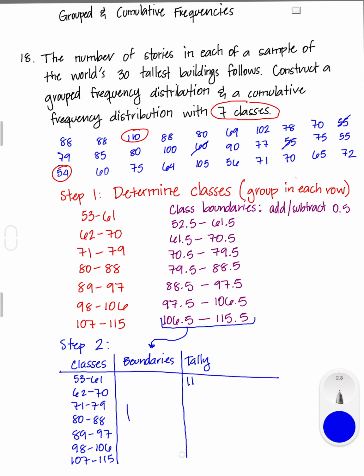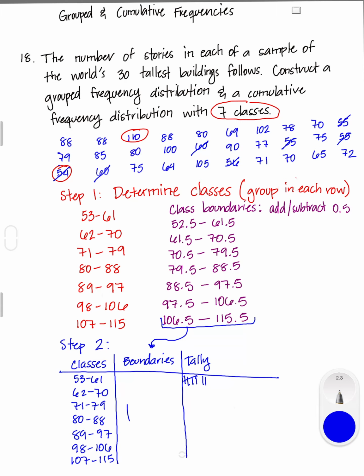We have 55, that's 3. Another 55, that's 4. A 54, that's 5. A 60, that's 6. And a 56, that's 7. And that's it. So we have 7 values between 53 and 61.